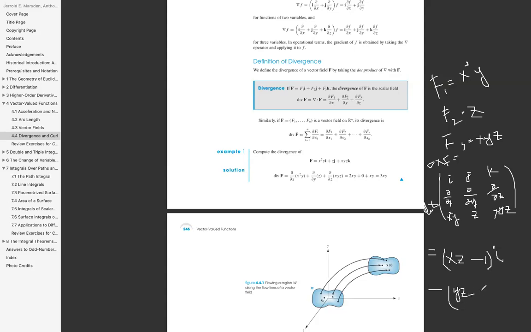So minus 0. That goes to the j component. And finally, for the k component, partial x of z is 0, and partial y of x squared y is x squared. So this is the curl of this vector field F. Any questions?